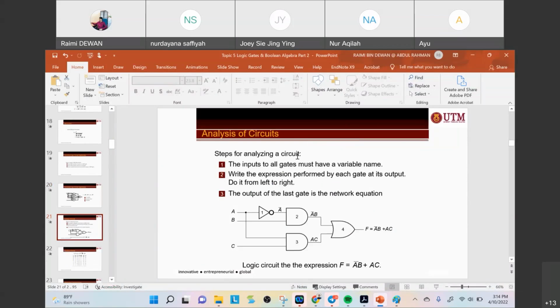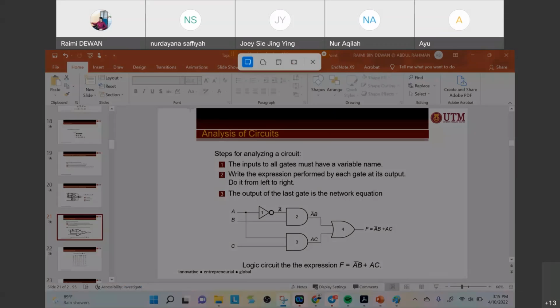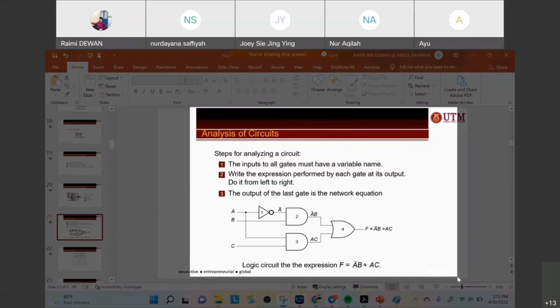Steps for analyzing a circuit. The input to all gates must have variable names. Write the expression performed by each gate at its output, doing it from left to right. The output of the last gate is the network equation. So for example, you just need to describe each gate individually. I think this is not that difficult.